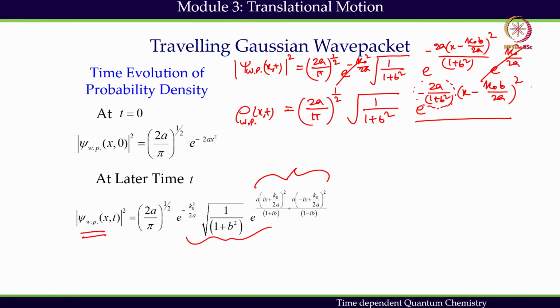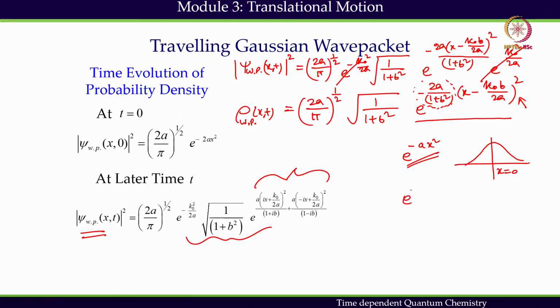So basically what I have right now is the Wavepacket which is having a Gaussian shape again, but there is a difference, and the difference is, if I had e to the power minus, let's say, some constant a x square, this is a Gaussian function which is centered at x equals 0.